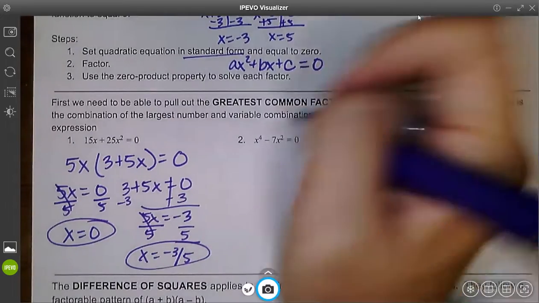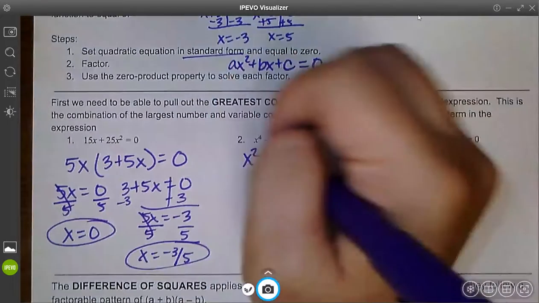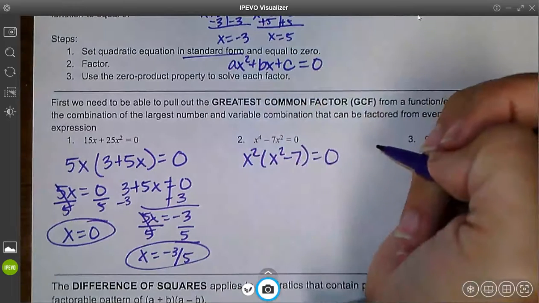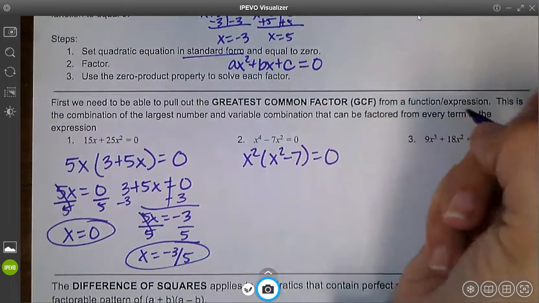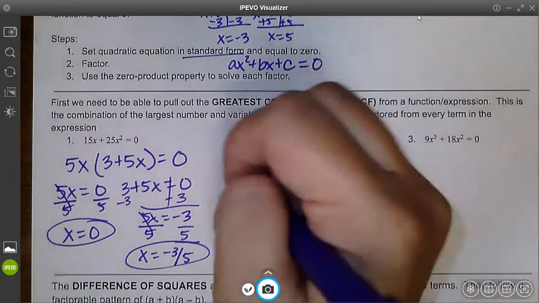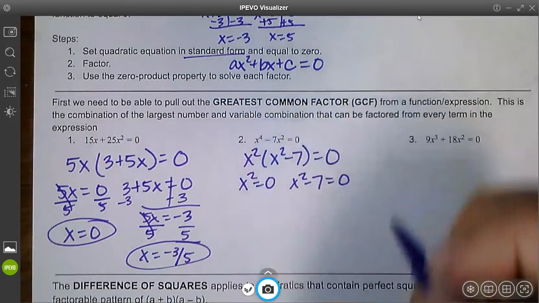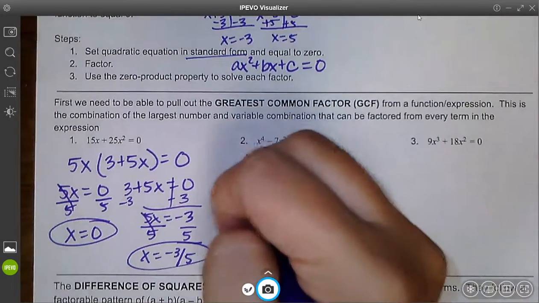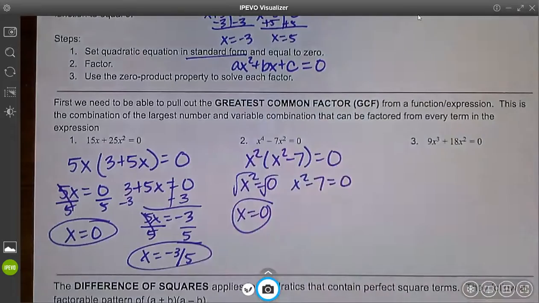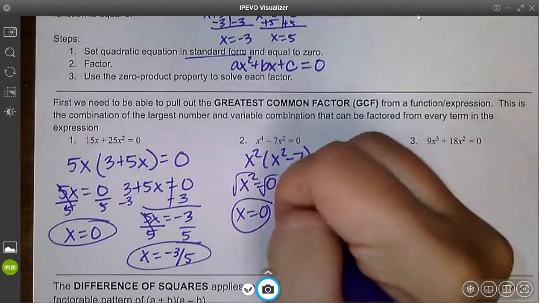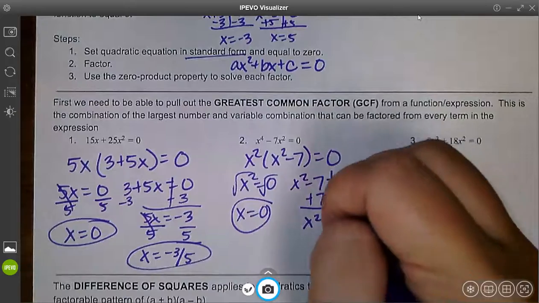The next one, I can pull out an x squared, and I'm left with x squared minus 7 equals 0. So now I'm going to set each piece equal to 0. Take the square root of both sides, you get x equals 0 here. This one you've got to add 7. x squared equals 7.